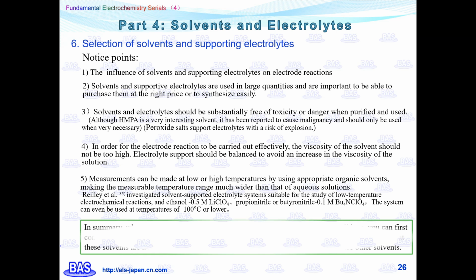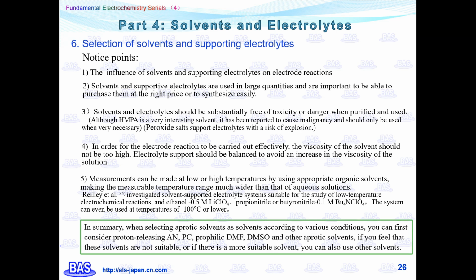In summary, when choosing an appropriate solvent according to various conditions, we can first consider protophobic solvents such as acetonitrile and propylene carbonate, and protophilic solvents such as DMF, DMSO, etc. If you feel that these solvents are not suitable, or if a more suitable solvent is available, you can also use other solvents.